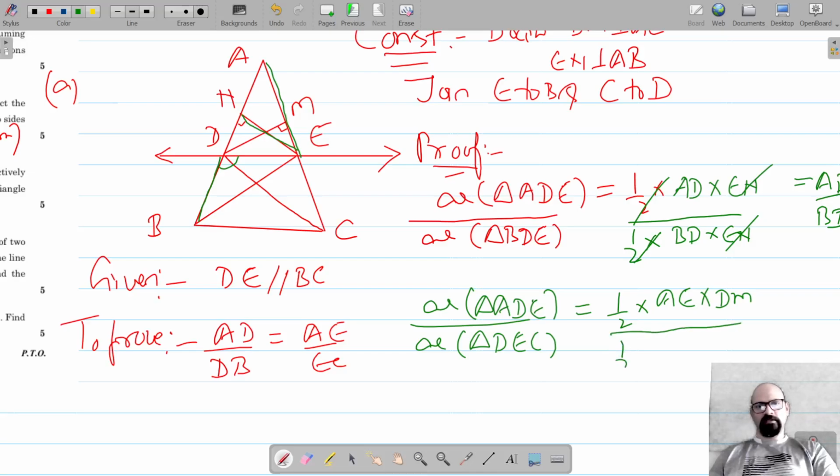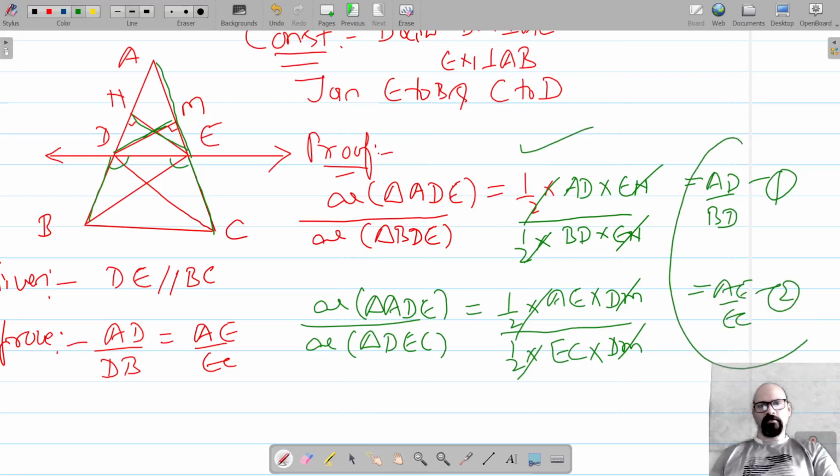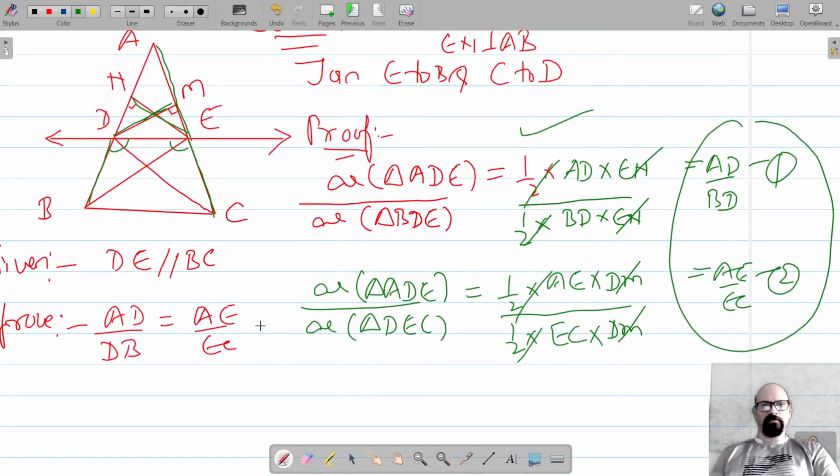Triangle DEC is an obtuse angle triangle that has base EC. If I take the base as EC, its height is outside, which is DM. So this gets cancelled and this is equal to AE by EC. If we compare these two equations, we see that we have almost got the result, that is AD upon DB is equal to AE upon EC.